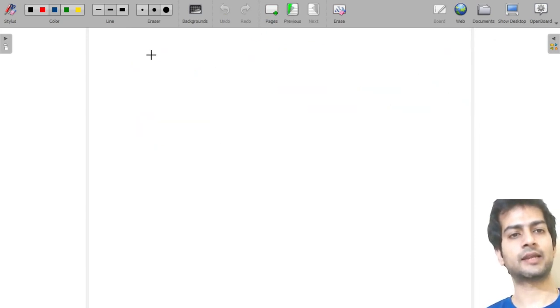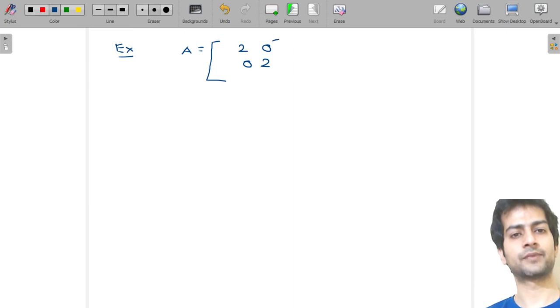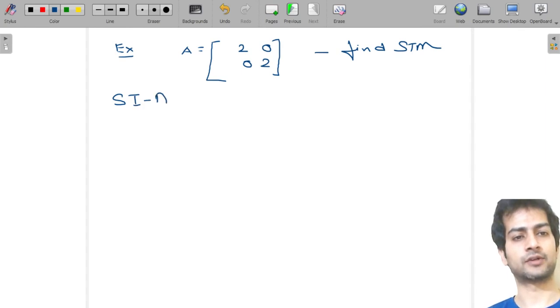Now, let's see an example. Suppose we are given a matrix and we are asked to find its STM. So what will be our approach? We have to find sI minus A first.